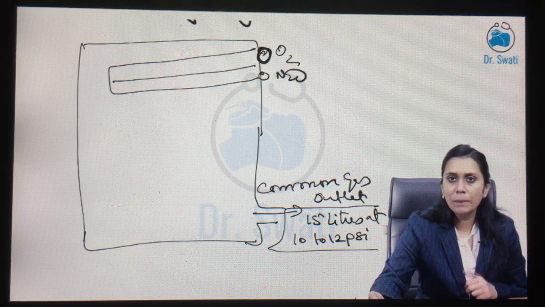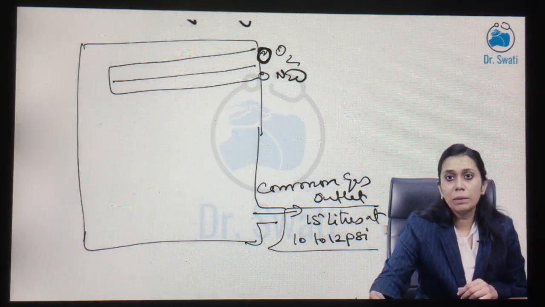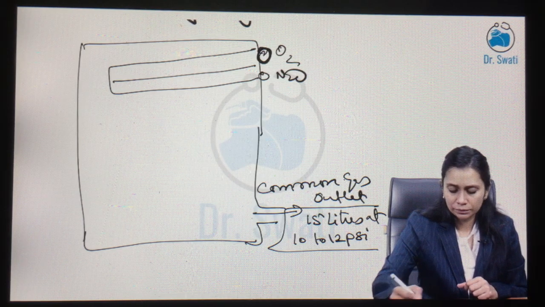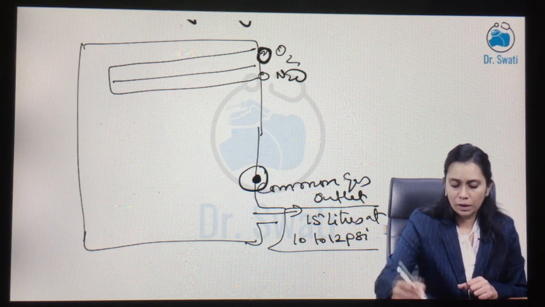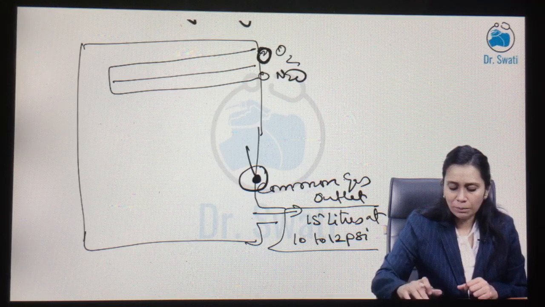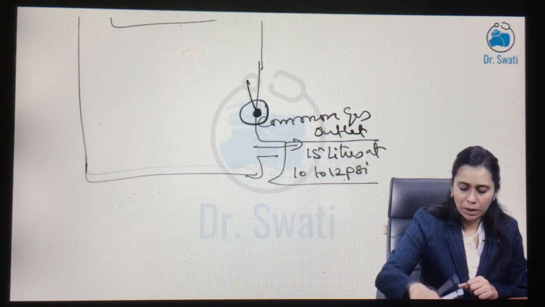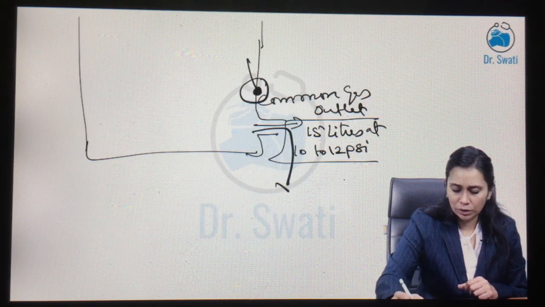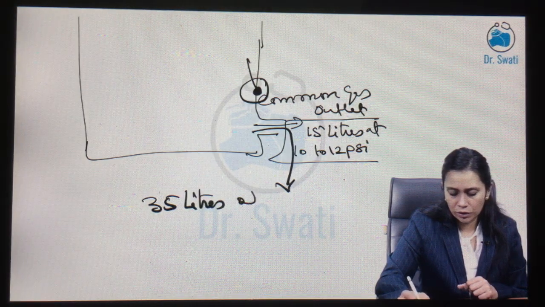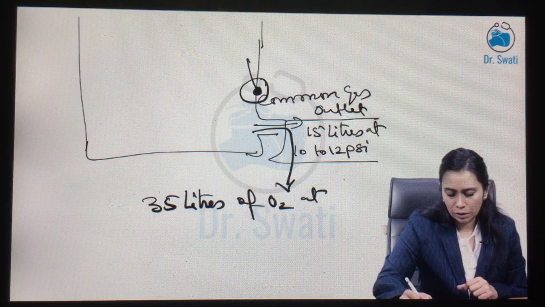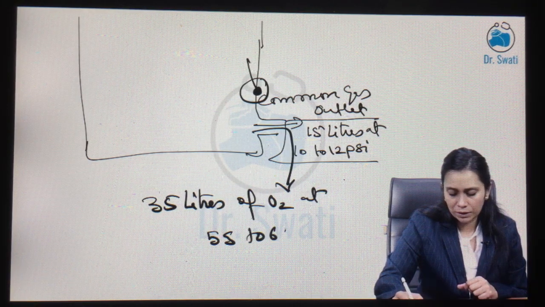Now my patient is in bronchospasm, or my patient is in laryngospasm, and I have to give more oxygen. How do I give it? There is a black button I talked about, surrounded by a white halo. I press it, and per press it releases from this common gas outlet 35 liters of oxygen at 55 to 60 psi.